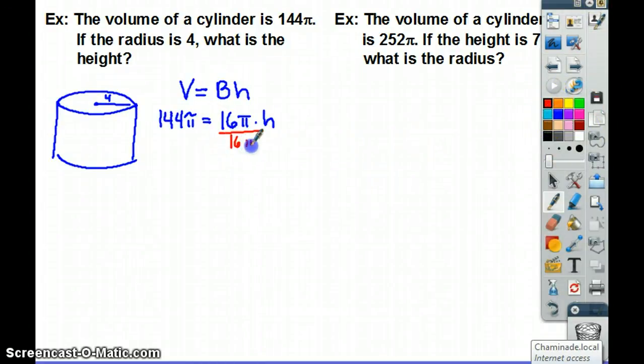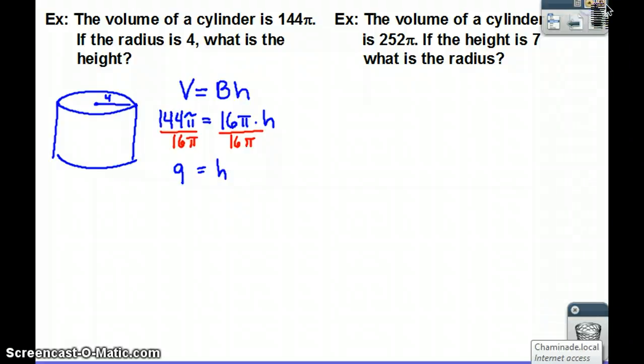Divide both sides by 16 pi. And when I do that, I end up getting the height is 9. So if you're given the volume or the surface area or the lateral area, your best bet, write the formula out, plug everything you know into it, solve for the missing part.